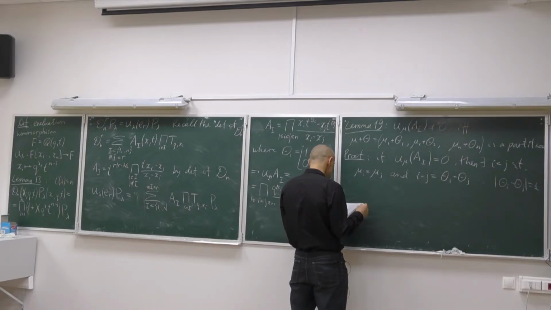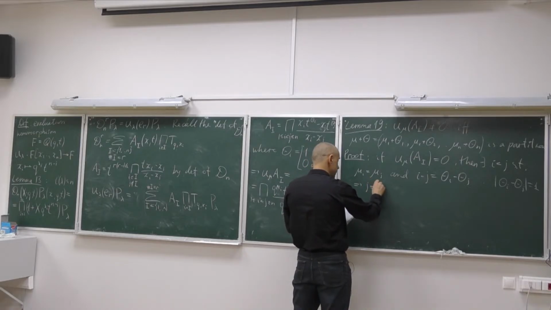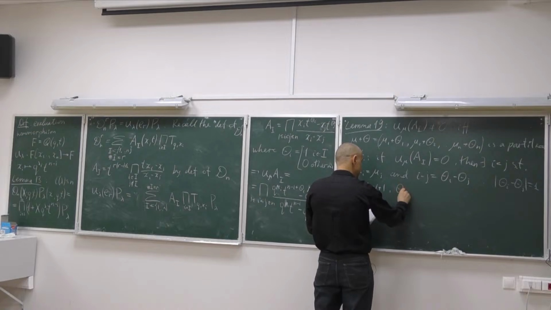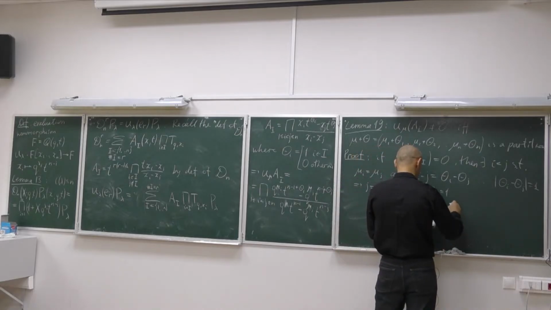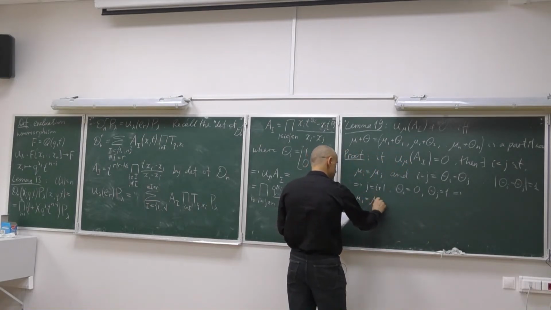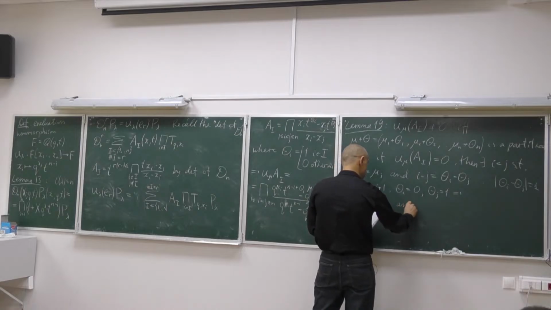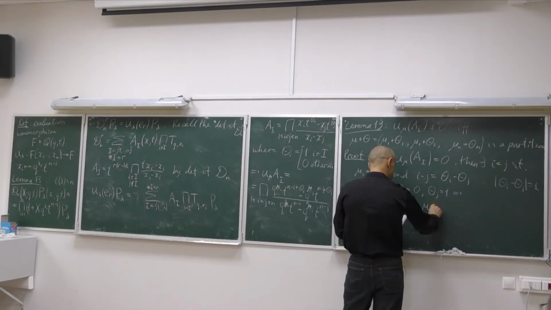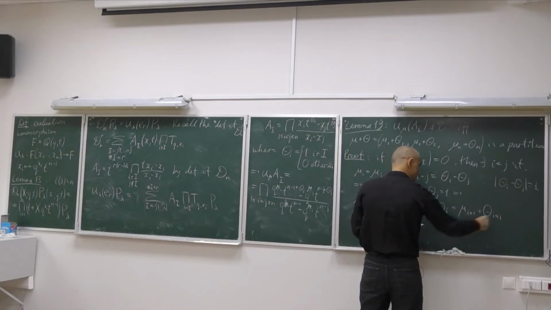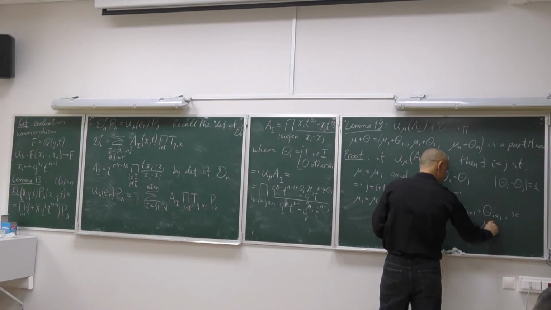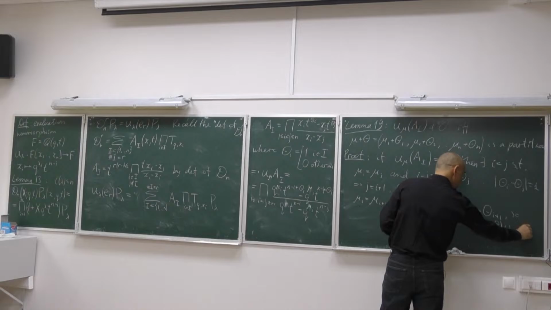So we conclude that j must be i plus 1, theta i must be 0, theta j must be 1, and hence mu i is equal to mu i plus 1, and mu i plus theta i then is less than mu i plus 1 plus theta i plus 1. So mu plus theta is not a partition.